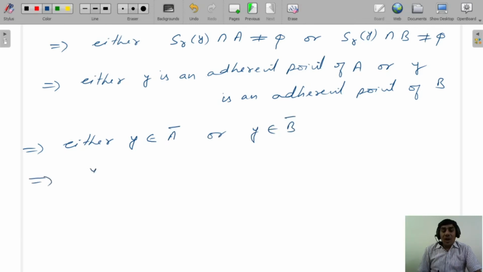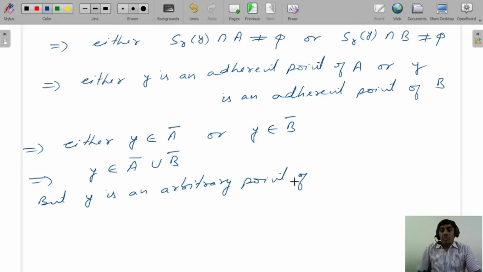This implies y belongs to A closure union B closure, but y is an arbitrary point of closure of A union B. This implies closure of A union B is contained in A closure union B closure.